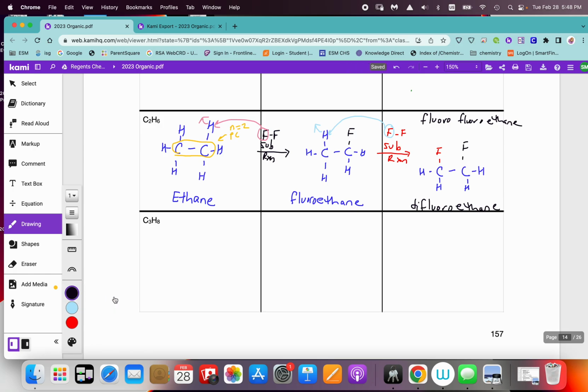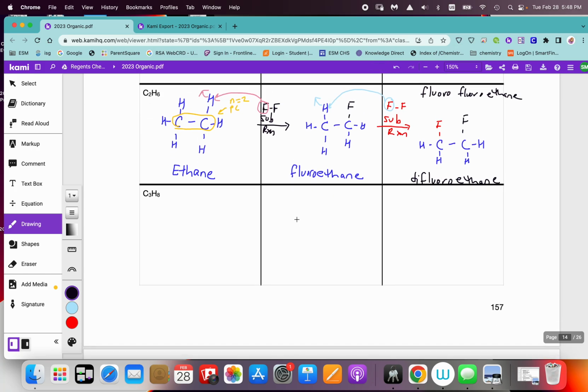I'm going to do another example here. So I'm going to put this original fluoroethane structure through a substitution reaction down below. I am once again going to replace a hydrogen with a fluorine from a fluorine molecule.